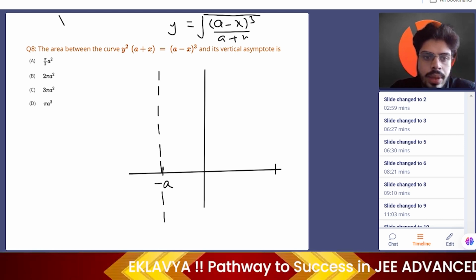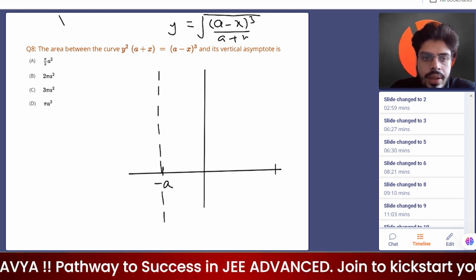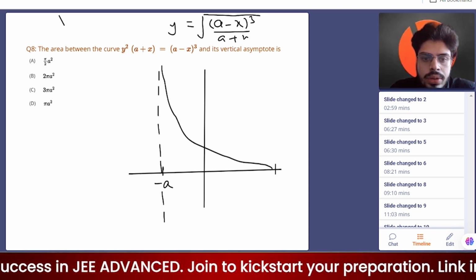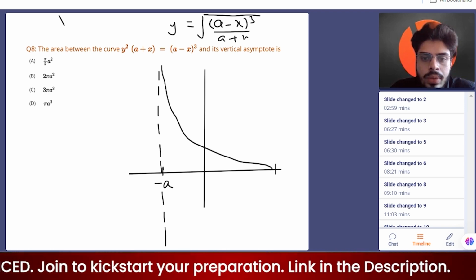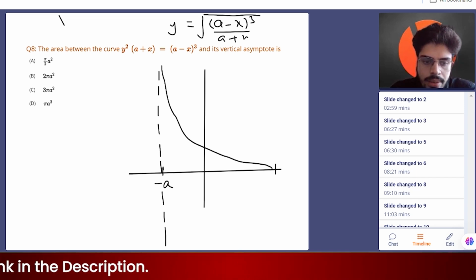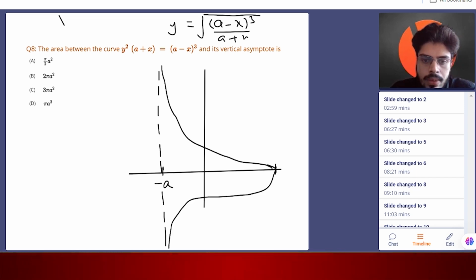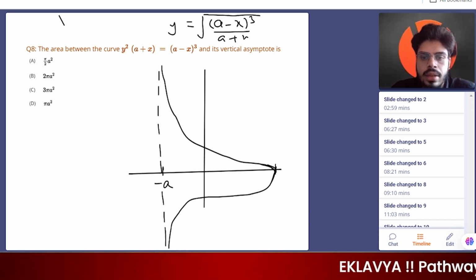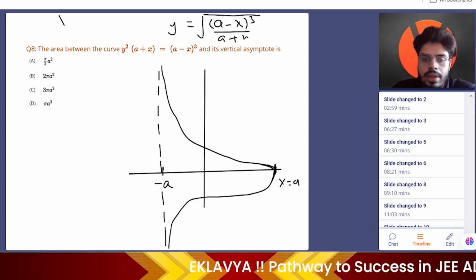At x equal to minus a, it will go to infinity. Then it will come to 0. Okay? Same with the minus direction also, same thing. Like this graph. Okay, this is x equal to a.